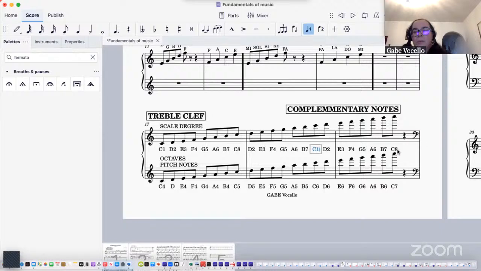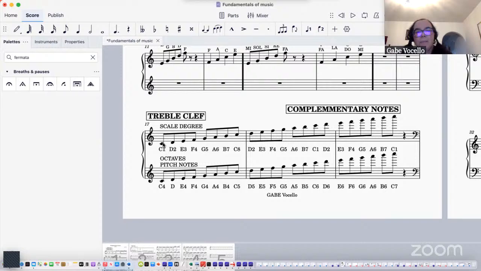Because 8 is the repetition of the 1, I'm going to put just 1 here. And here are the octaves on the piano. When I say C4, I'm saying the pitch note. When I say C, I'm saying the name of the note. Just the letter without the number of the octave is the name of the note. The letter with the octave is the pitch note.